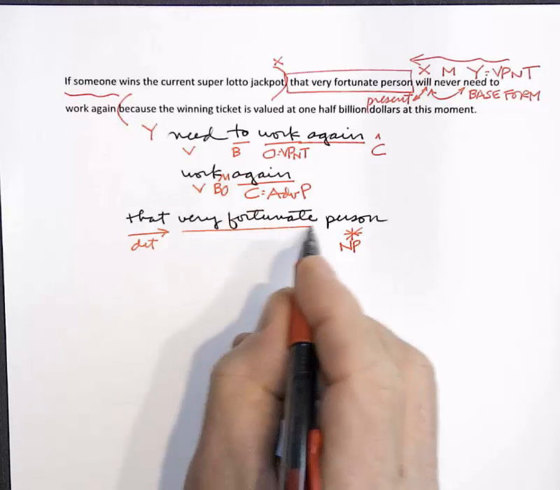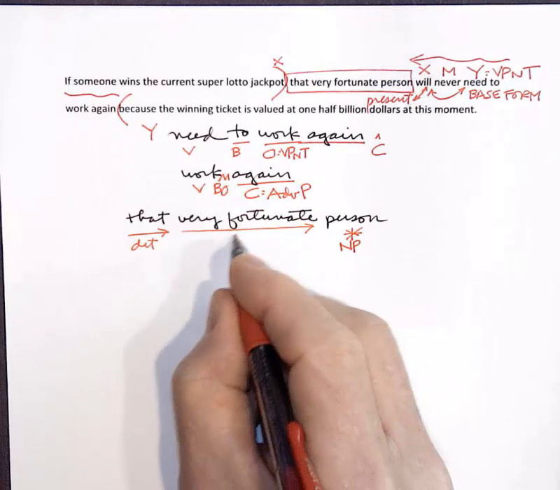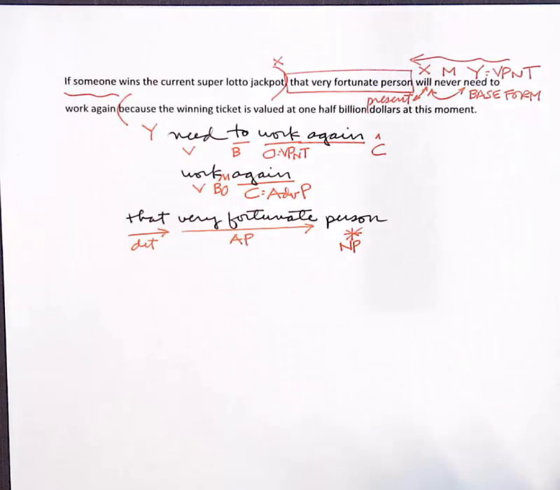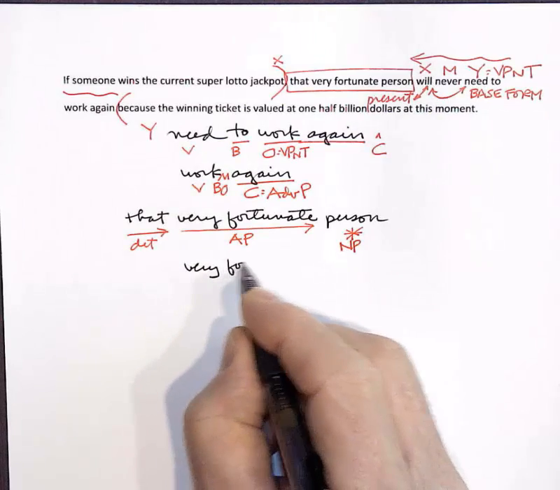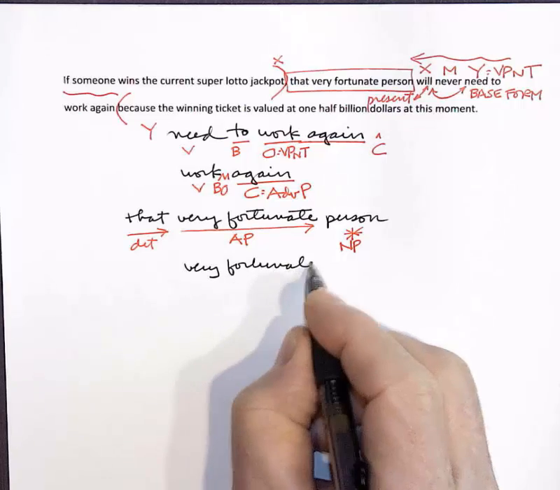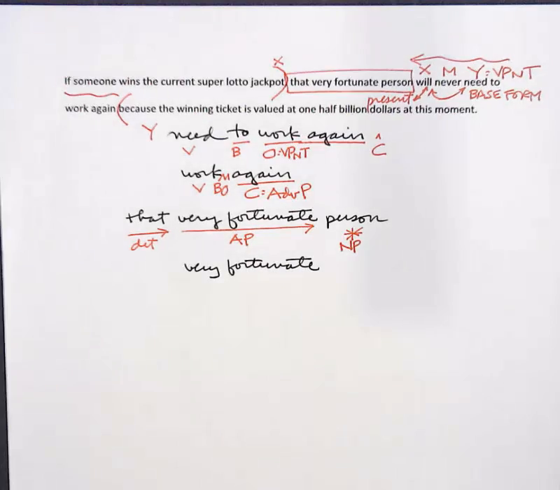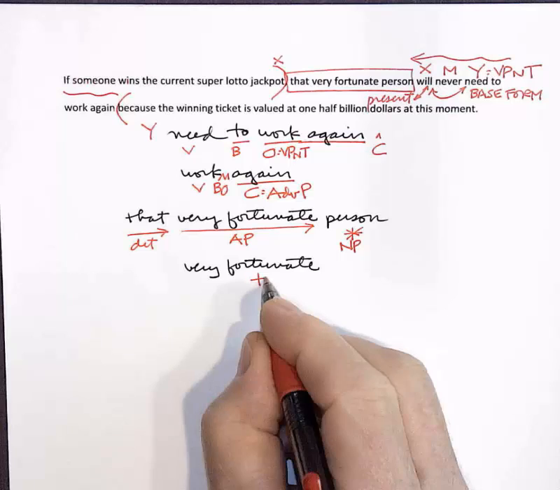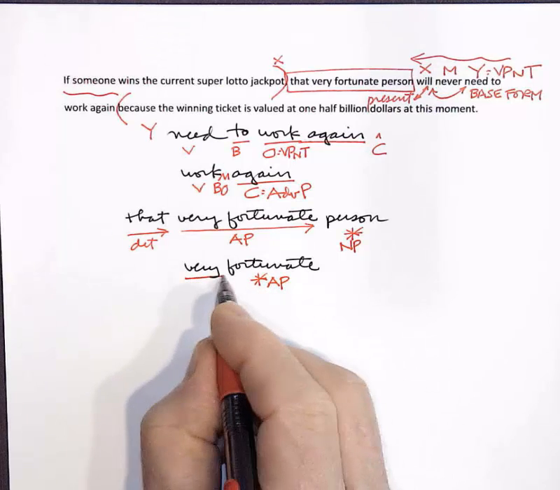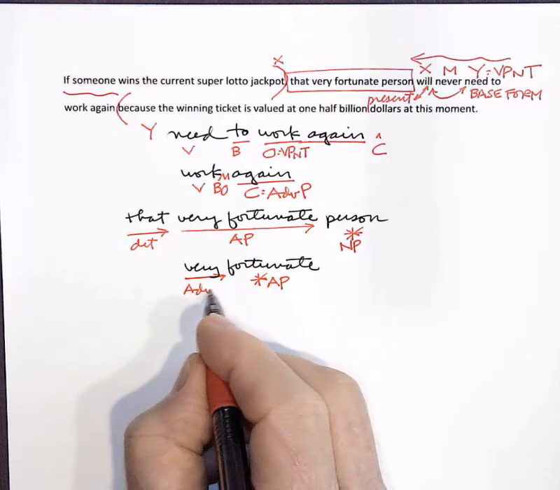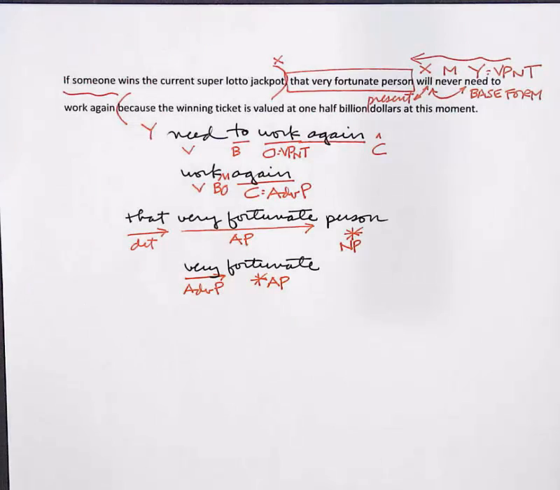Very fortunate works like one modifier. It's an adjective phrase. And very fortunate can be rewritten, and fortunate is now the adjective phrase head, and very is the adverb phrase. There's our trunk.